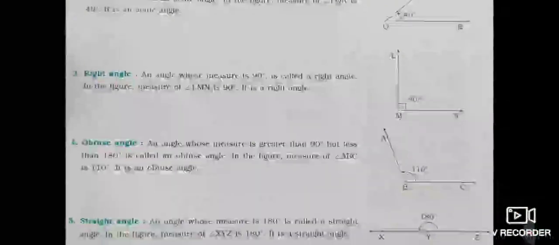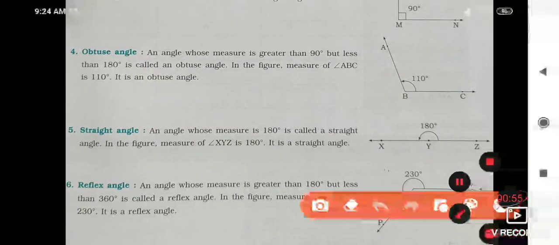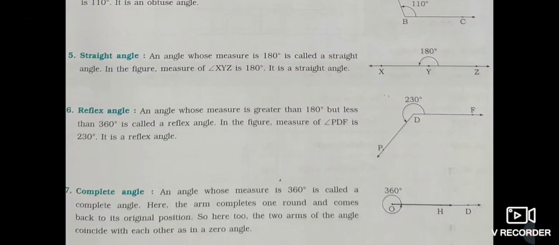After that, when we increase the measure above 90 and below 180, the angle formed is the obtuse angle, and its measure is above 90 degree, 91 to 179. If the angle's measure is in between these, then these angles are called obtuse angles. The next angle is the straight angle.